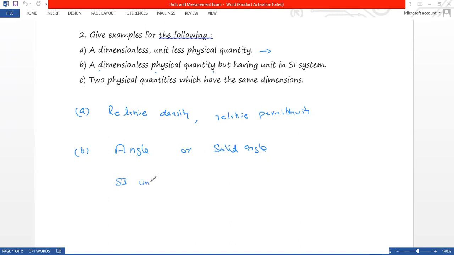SI unit of angle is radian, and SI unit of solid angle is steradian, sr, that is radius squared, R square.